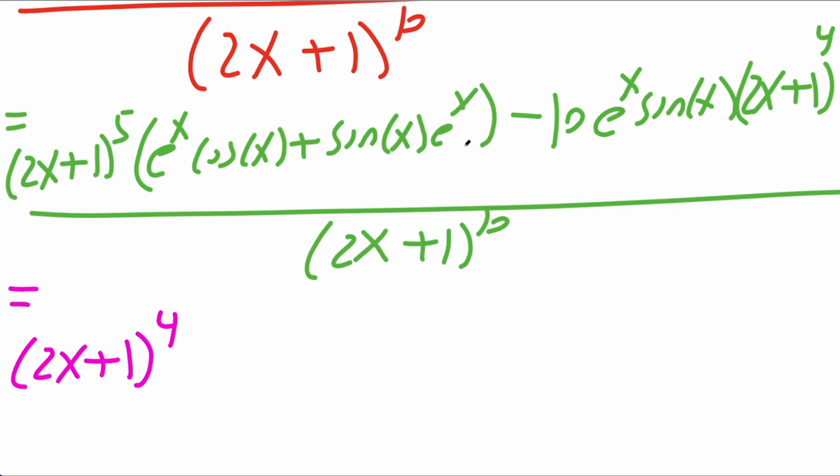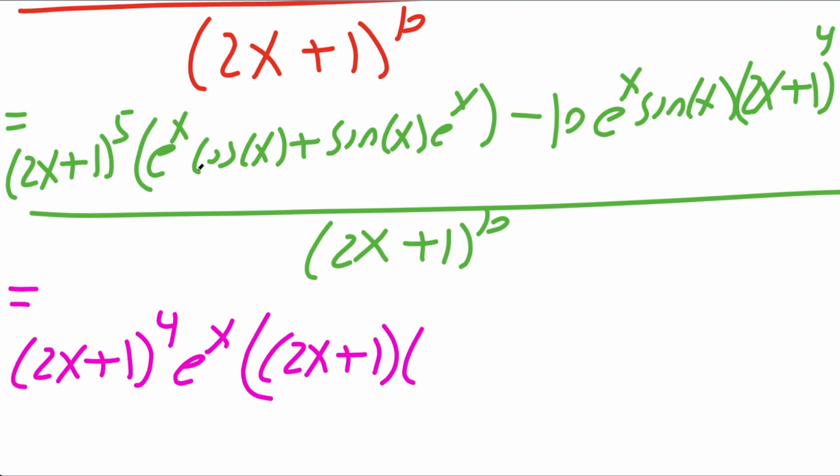This has an e raised to x, this has an e raised to x, and this has an e raised to x. So that's also a common term, e raised to x. Then we'll do our parentheses. Now, this was a (2x + 1) raised to 5. This was (2x + 1) raised to 4. So we get to keep that term. So we'll keep 2x + 1. And (2x + 1) times (2x + 1) raised to 4 is going to match.